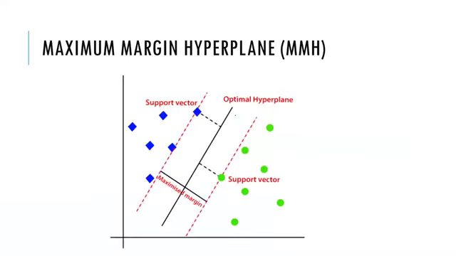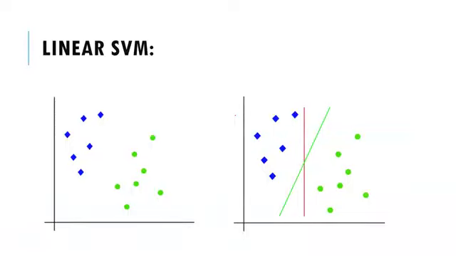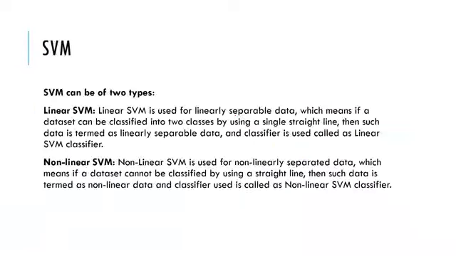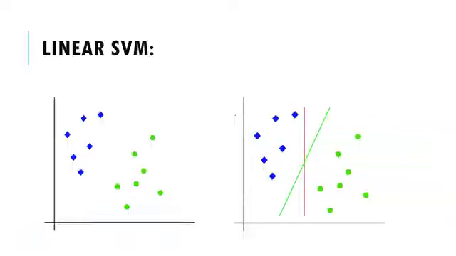Now let's see how this SVM would work. Let's suppose it is linearly separable data. What do you think? Which particular line is a good separator? Is it A or is it B?